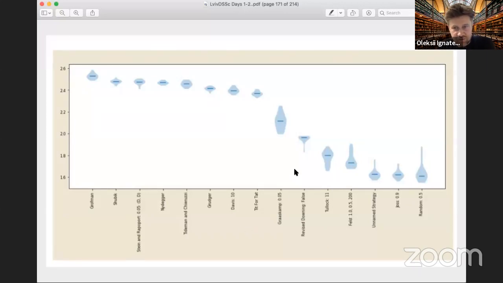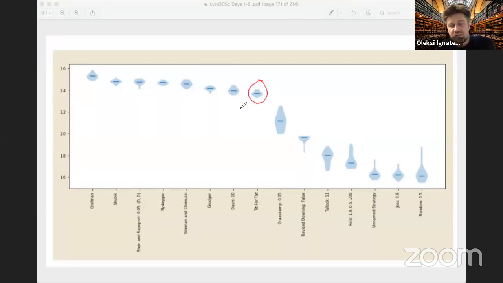And when we have a tournament of many programs, I replicate here the original Axelrod tournament, but in this tournament, tit for tat is actually not very good. I don't know why. So tit for tat is here, and this is the score distribution for different strategies. And this set of strategies is called nice.